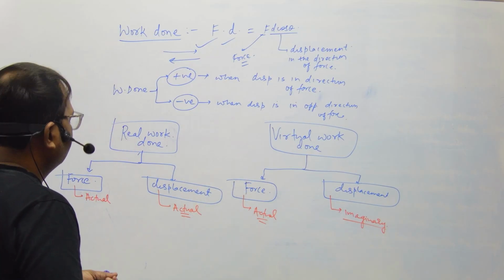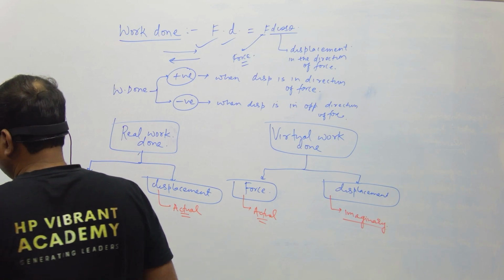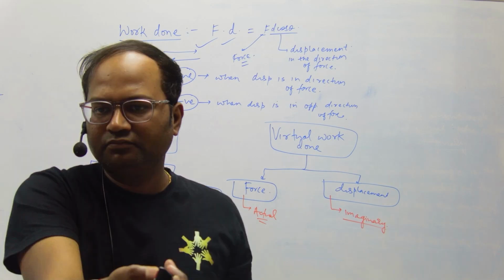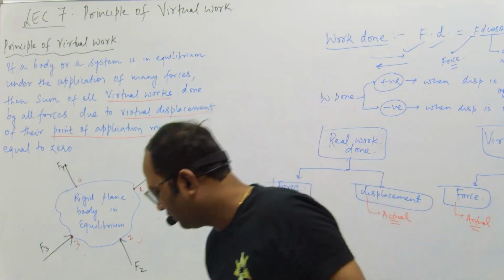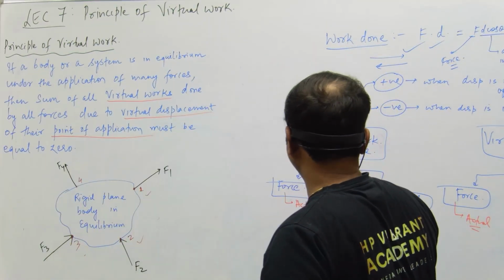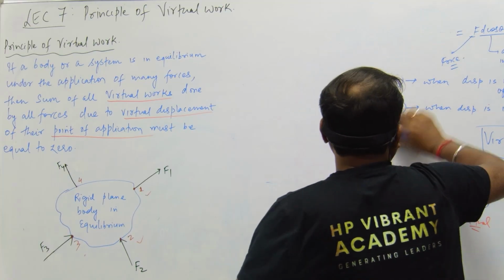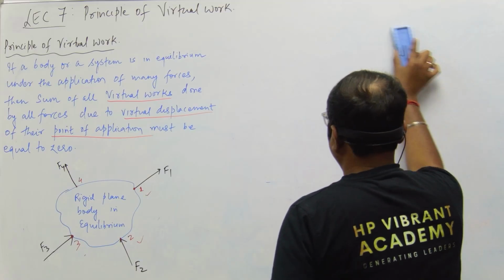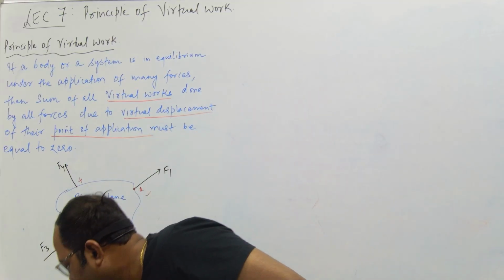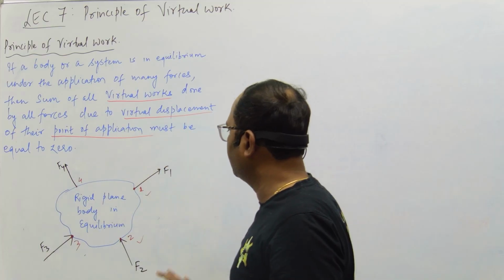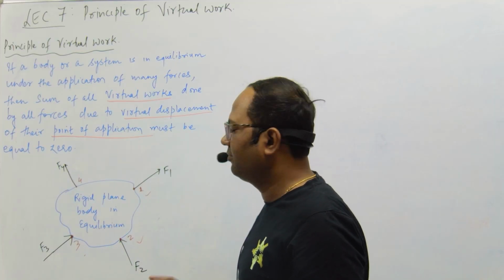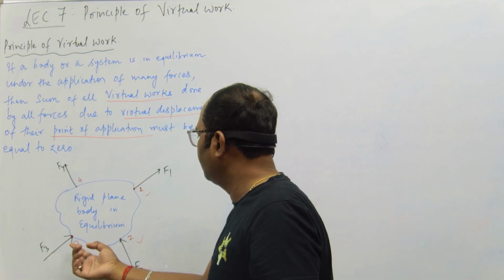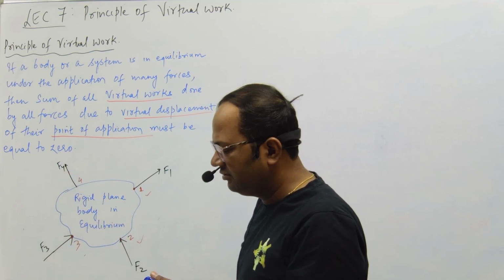Now let us go back to the figure. We have considered a rigid body and four forces acting at the respective points of application. At point 1 we have F1, at point 2 we have F2, at point 3 we have F3, and at point 4 we have F4.